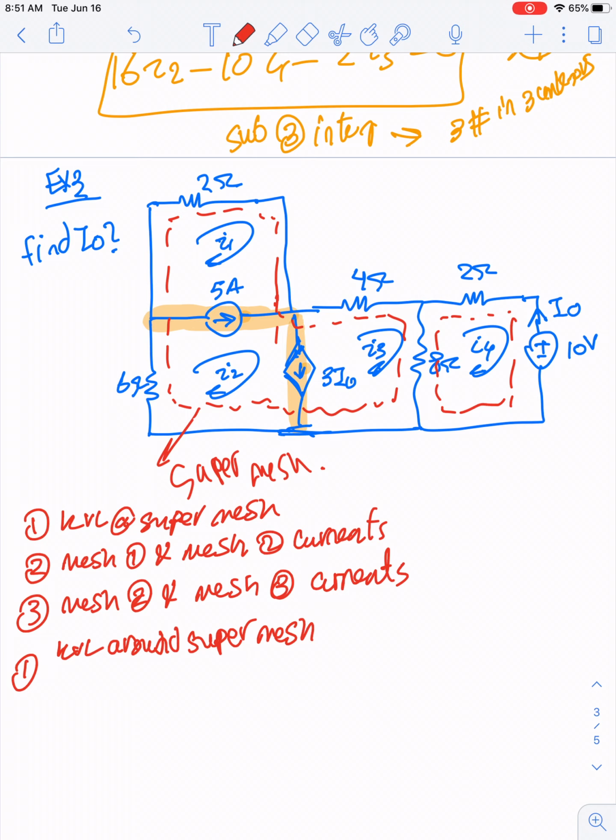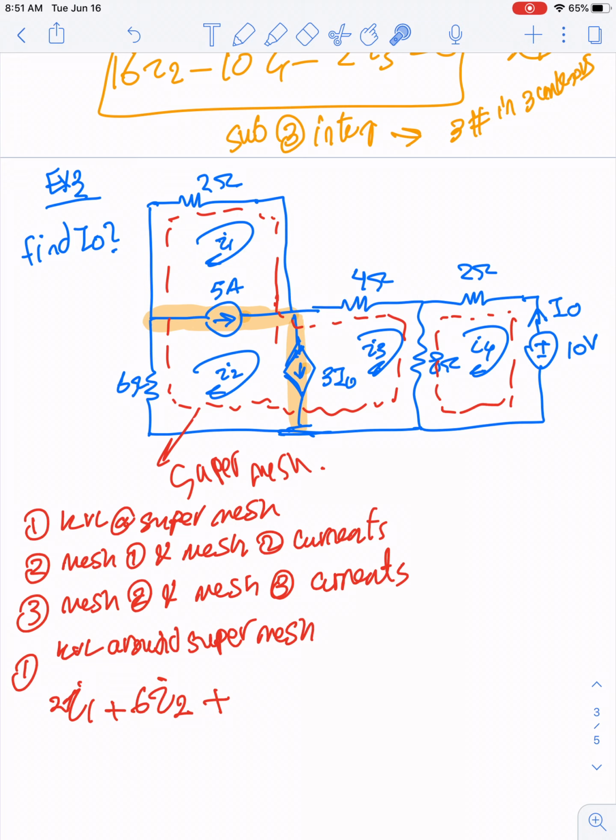So we'll have 2 I1, and we'll have plus 6 I2, 6 I2, plus here this one. I'm trying to pick the one that doesn't contain common currents.